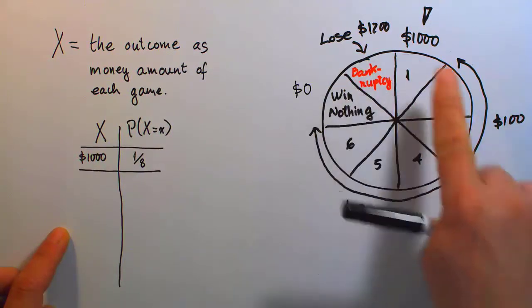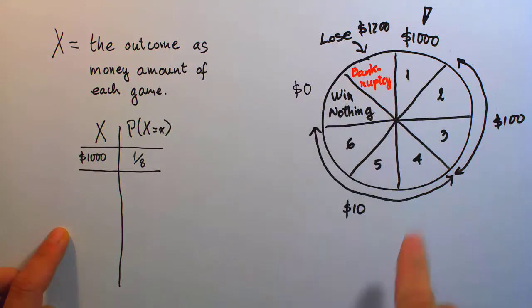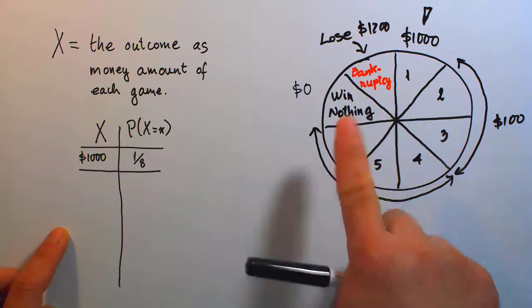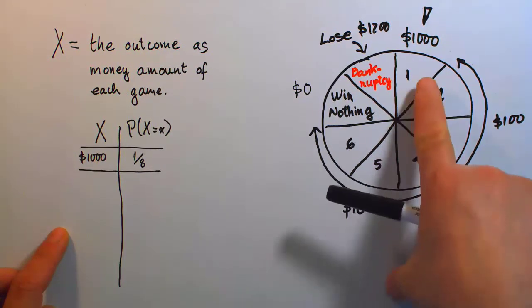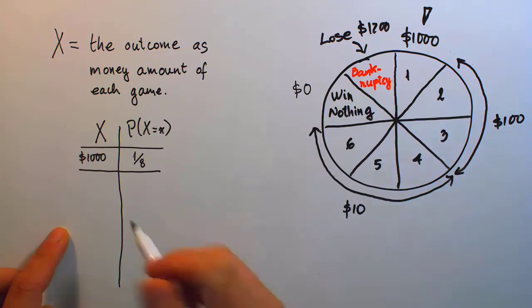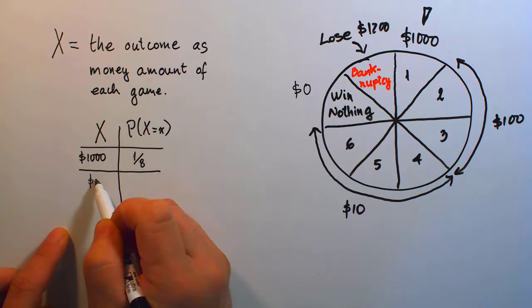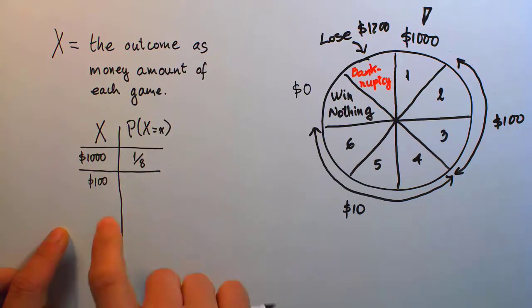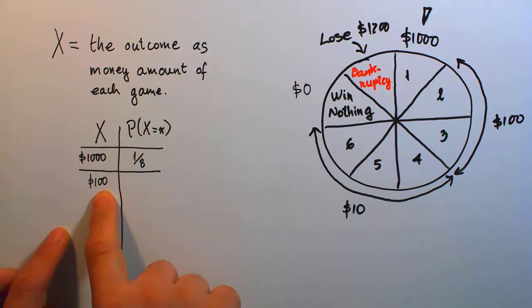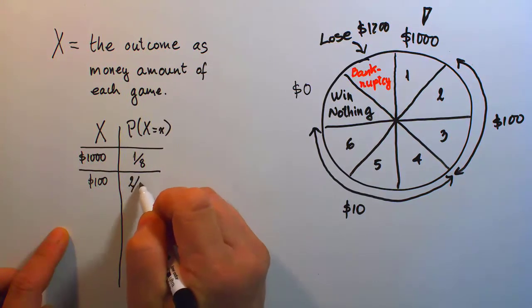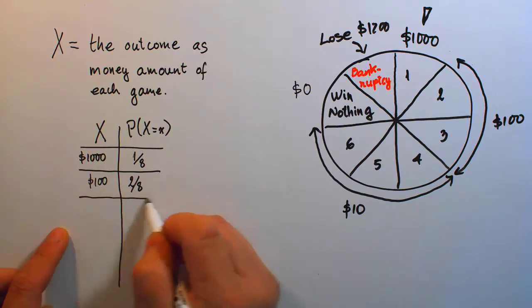This comes straight from the way this simple wheel works. We have one wheel with 8 perfectly equal sectors, so the chance of winning here is only 1 out of 8. We also set up $100 as a winning value. X can equal 100, but the chance that happens is 2/8, a little higher than the other chance.